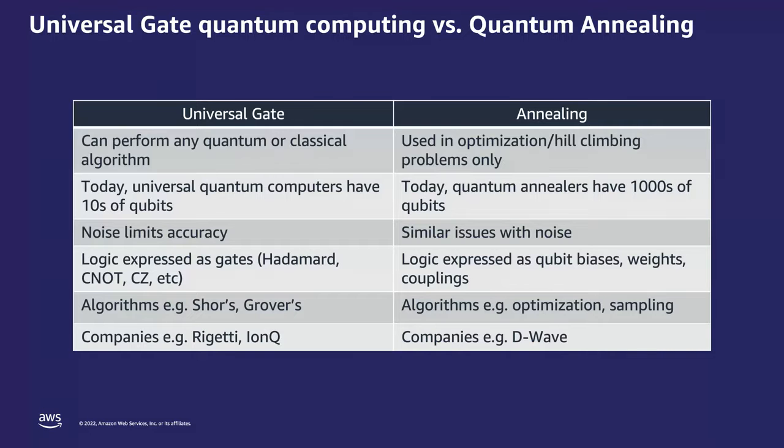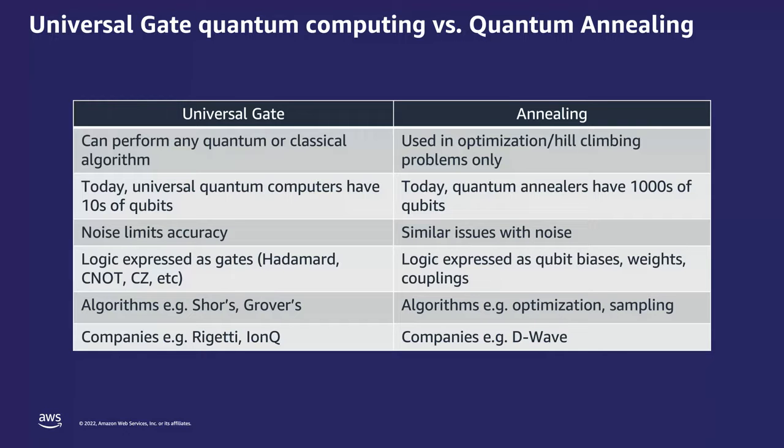When you encode your problem as logic in a universal gate computer, you use logic gates to express these problems, for example, using a Hadamard gate, CNOT, CZ, etc. When you are using an annealer, that logic is expressed differently. It's actually expressed very much like a graph.